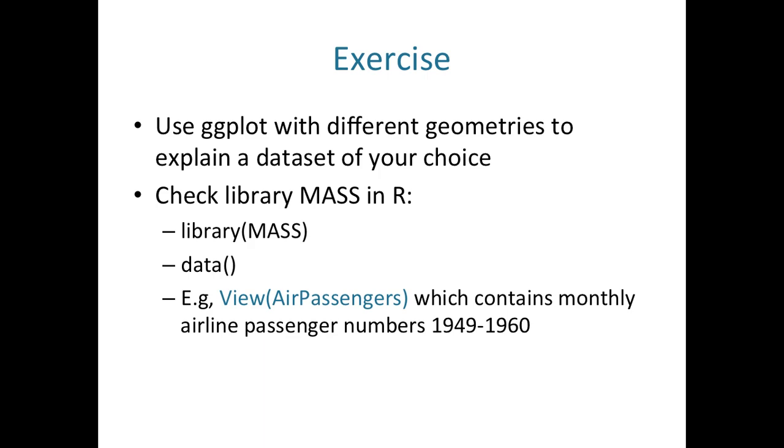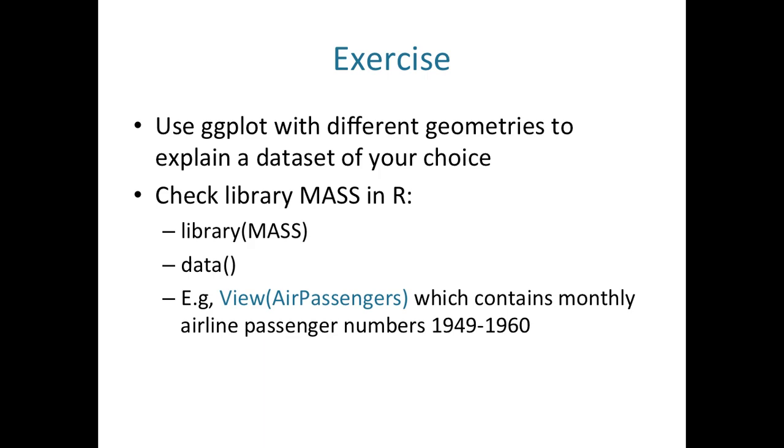You can do many other explorations. So use ggplot, for example, with different types of geometries, and you can use other types of datasets. As I was saying, R has a lot of datasets built in that you can just pull out.